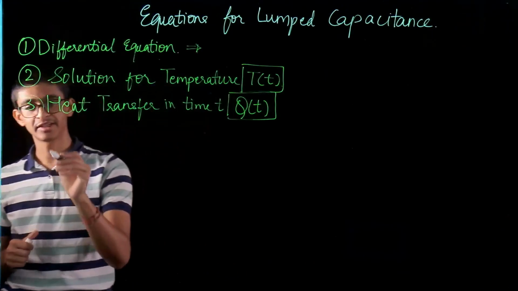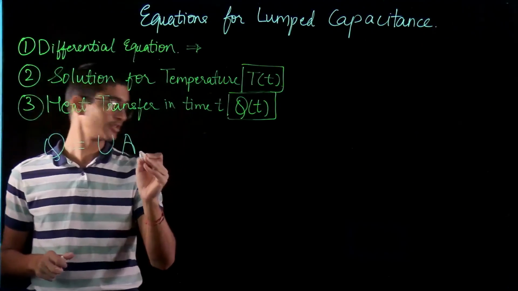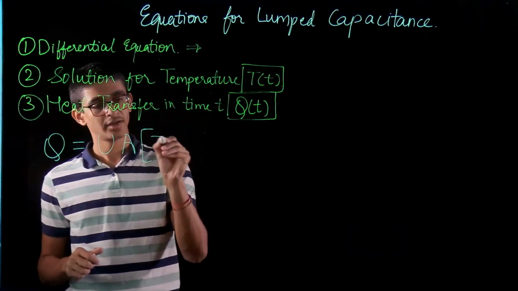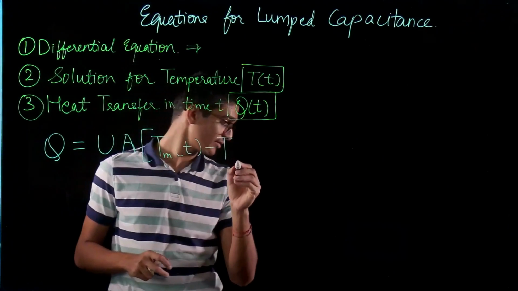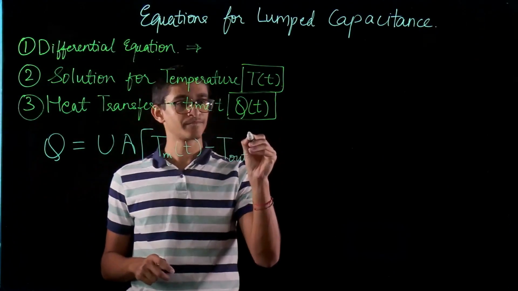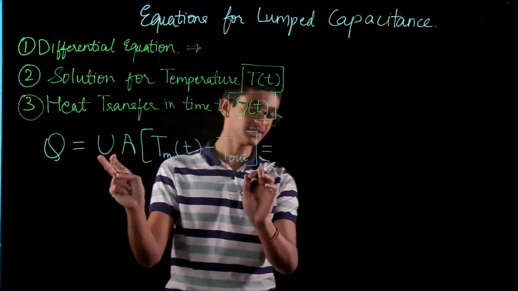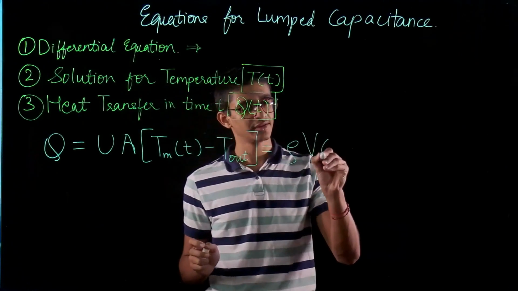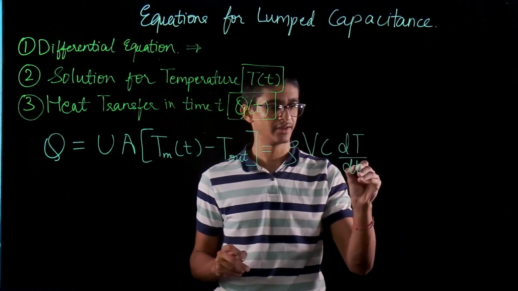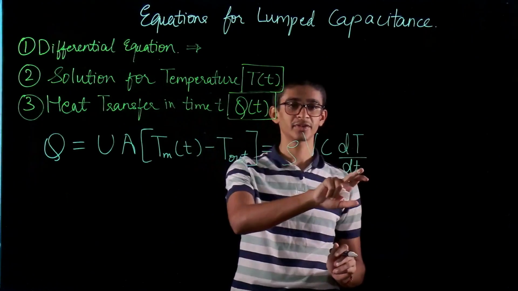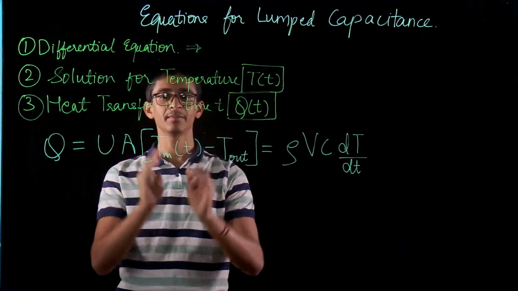The differential equation is given by Q equals U into A, into the temperature of my mass at some time t minus the temperature of the outside, which is equal to rho V C dT/dt. So this is the change of temperature of the mass with respect to time.